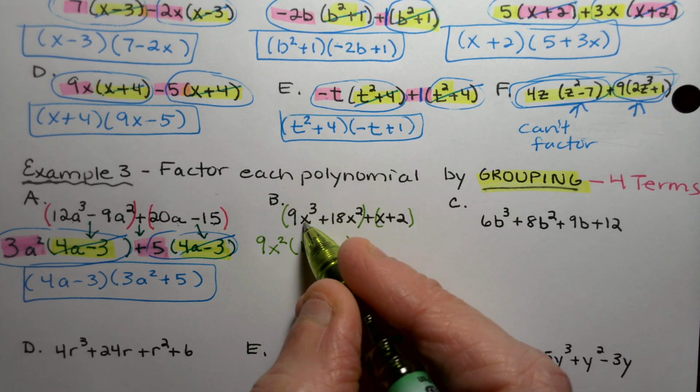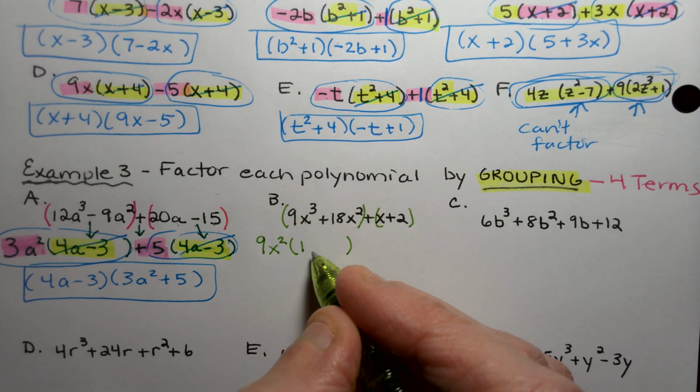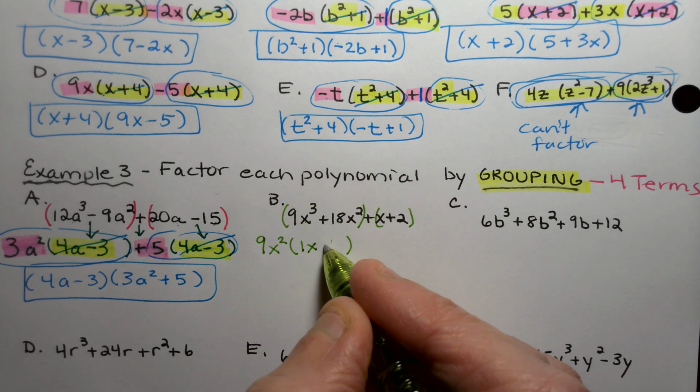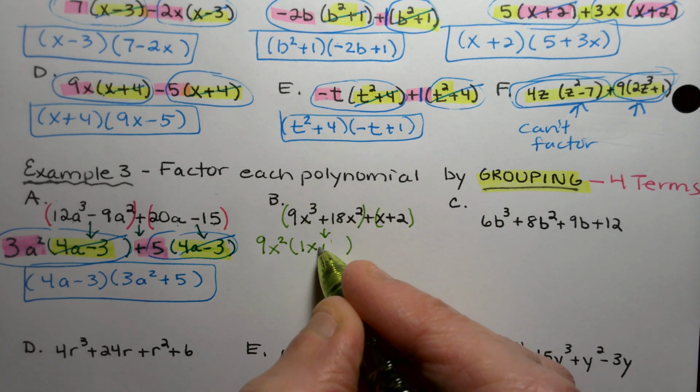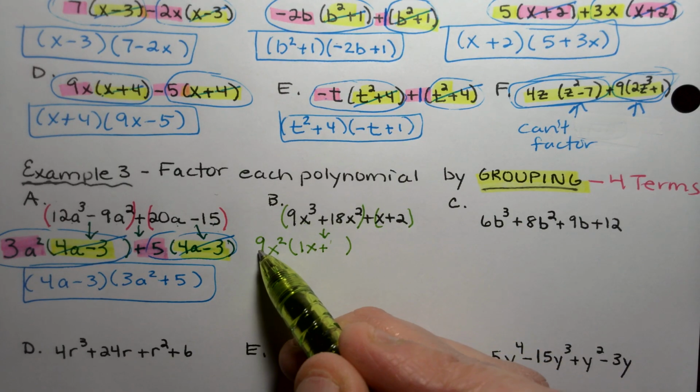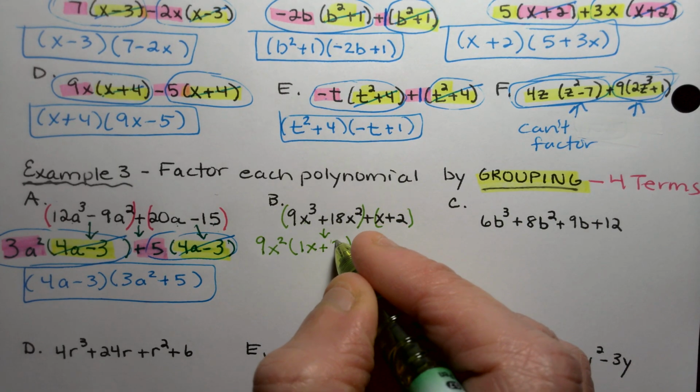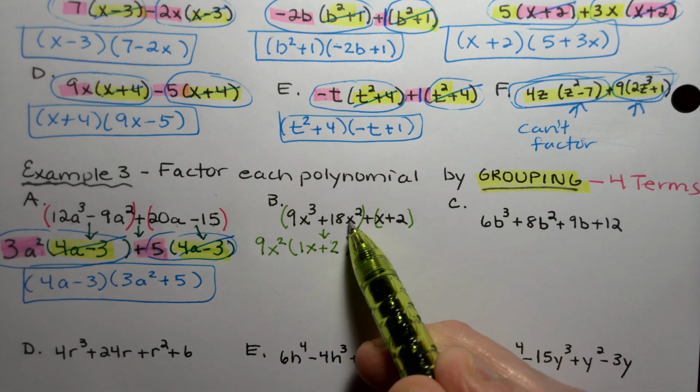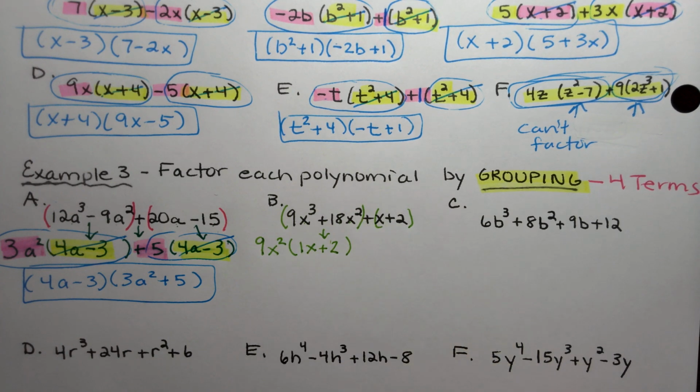And then x to the third, we took out 2, so we have 1 left. Bring down your plus. 18 divided by 9 is 2. X to the second, oh, I brought the whole thing out front, so I don't write anything in there. Do I need that 1 there? No, but it can be there.